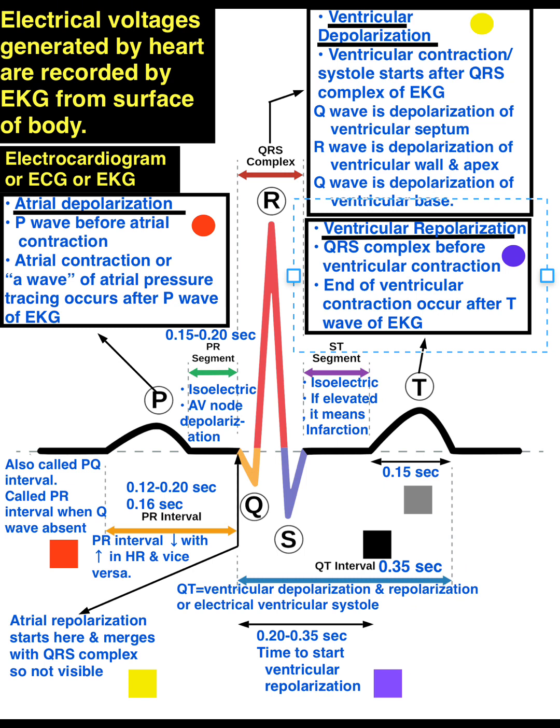Last part of this figure is described by a blue square, and it represents time to start ventricular repolarization, and the duration has been shown 0.20 to 0.35 seconds, and it starts with onset of Q wave and ends with start of T wave.